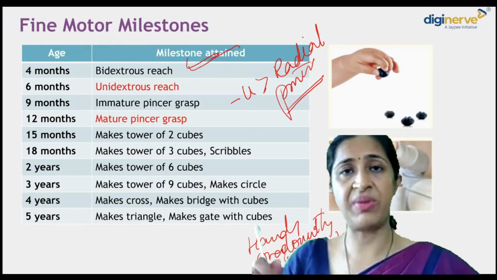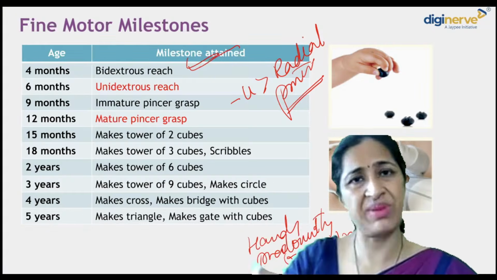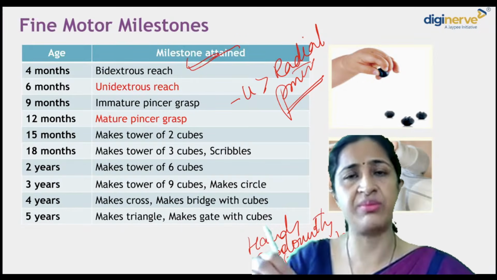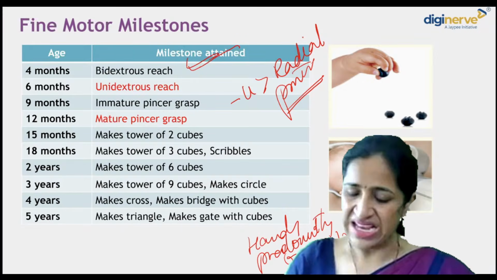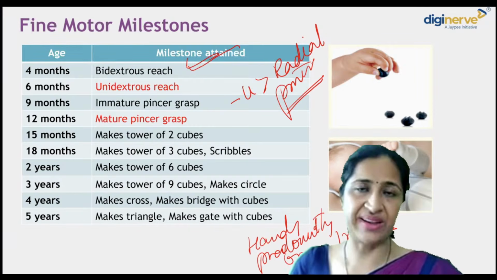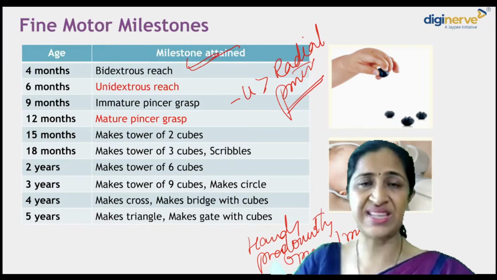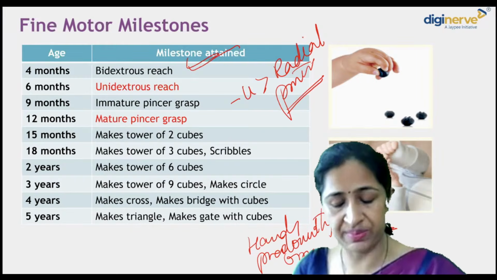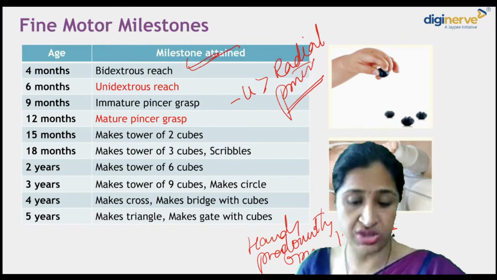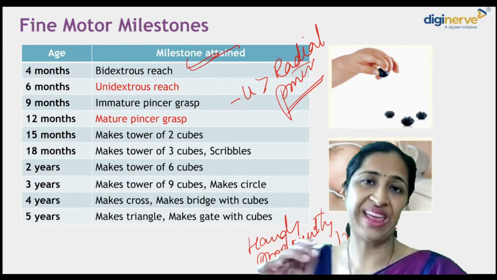Able to hold with pincer grasp by around 1 year, 15 months, the holding of pencil and crayon. Scribbles randomly by 18 months. By 2 years, horizontal and vertical strokes. By 3 years, able to make a circle or a closed shape. By 4 years, able to make a cross. By 5 years, triangle.